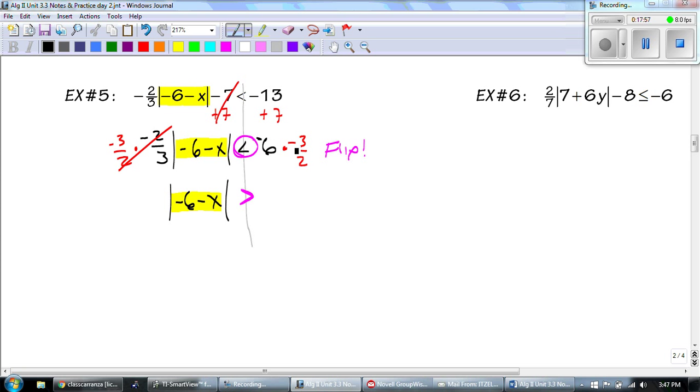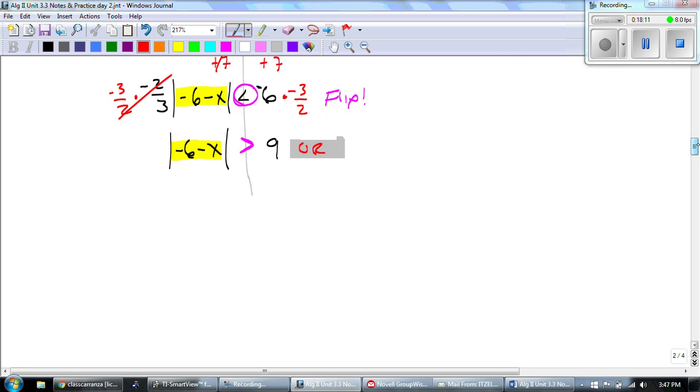Negative 6 times negative 3 is positive 18, and then 18 divided by 2, we get a 9. So that's the greater symbol. Okay, so we have negative 6 minus x is less than negative 9, or negative 6 minus x is greater than 9.